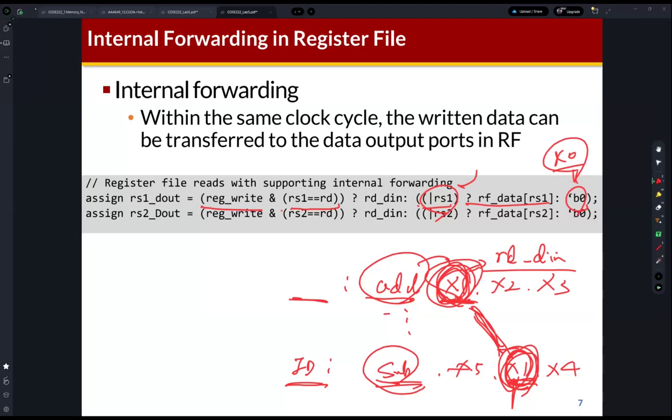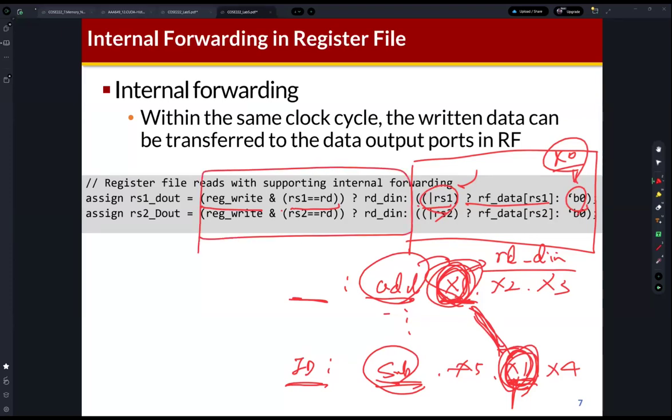Actually this part should be included in the previous register file design, but I added it. Then this part implements the internal forwarding in the register file.